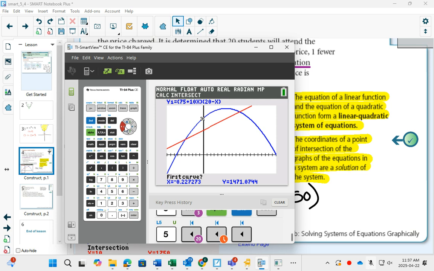Okay, push enter on the first curve, enter on the second curve. You know what's the worst thing? Sometimes you like to live on the edge and say, I think I'm just barely over half. And if you're not, it goes and finds the same one you found the first time and you have to do it all over again. But I'm pretty sure I'm closer to the one on the left. When I hit the guess, yes, -5, 625.